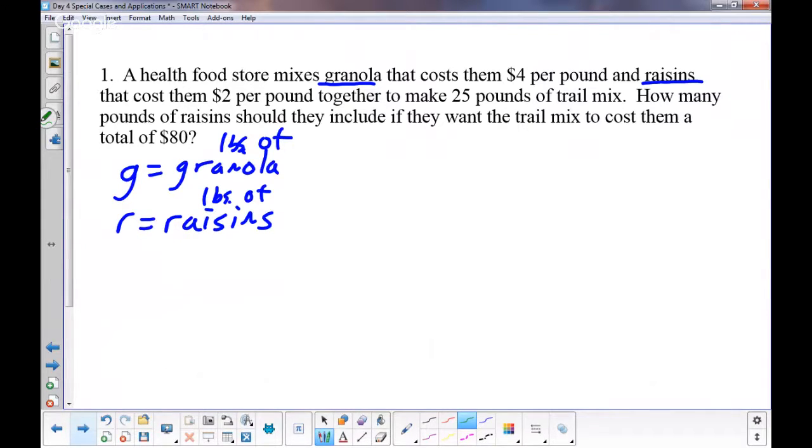We're looking at G and R, and we know that together they make 25 pounds of trail mix. So if I took the amount of granola and added the amount of raisins, that's going to equal 25. G plus R equals 25. All right, so there's my total. The pounds of granola plus pounds of raisins equals 25 pounds total.